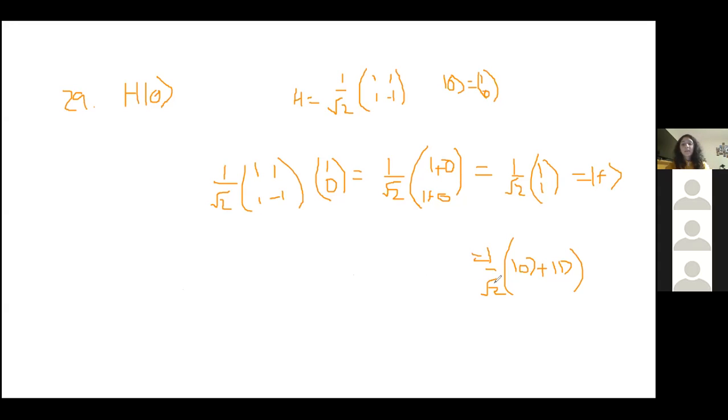Remember, this is the probability amplitude. So when we square 1 over root 2, we end up with a half. And so that's how we know that there's a 50% chance that it could be state 0 and a 50% chance that it could be state 1. So I don't know if that quite answers your question, but it answers the question that I interpreted it to be.